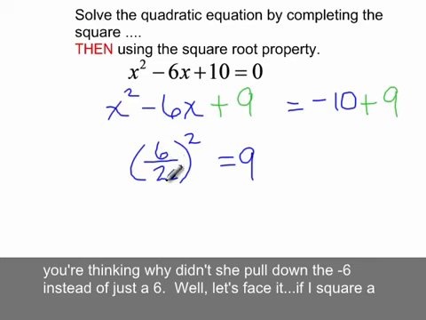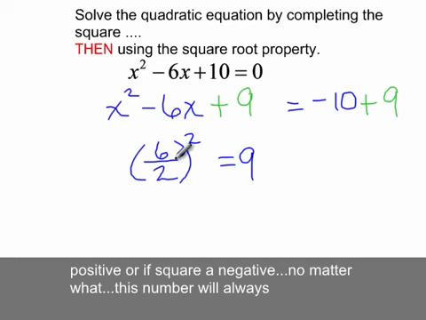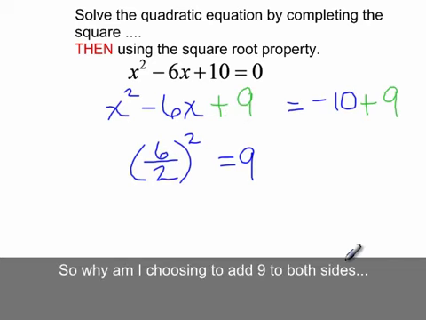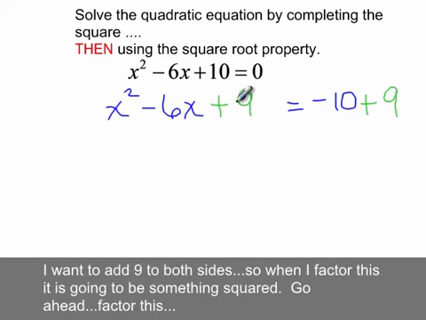Well, let's face it. If I square a positive or if I square a negative, no matter what, this number will always end up positive. So, why am I choosing to add 9 to both sides? I want to add 9 to both sides, so when I factor this, it's going to be something squared.